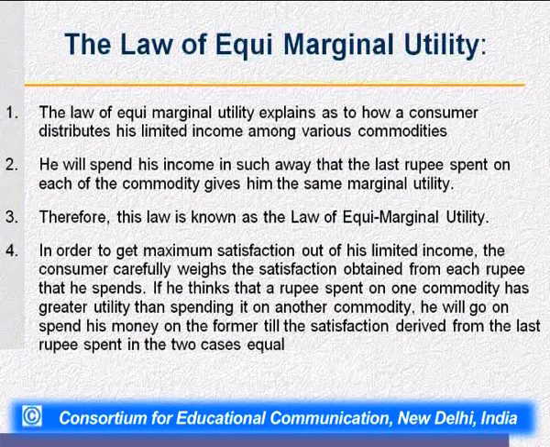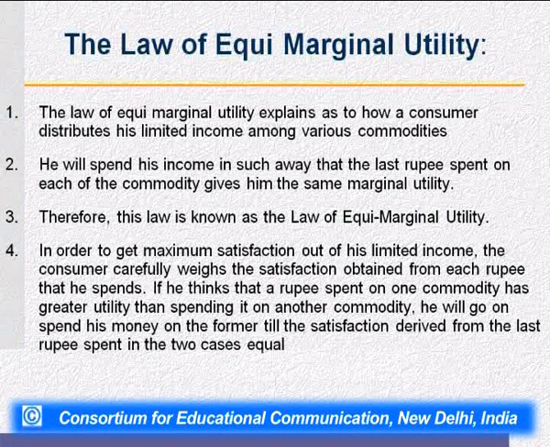With the help of this law, we can see how the consumer distributes his limited income among the various commodities. He will spend his income in such a way that the last rupee spent on each commodity gives him the same marginal utility.